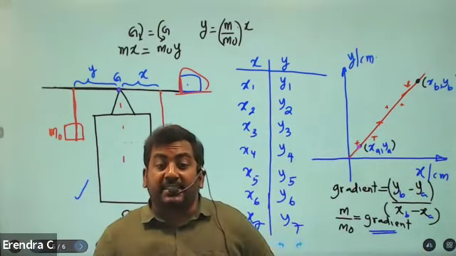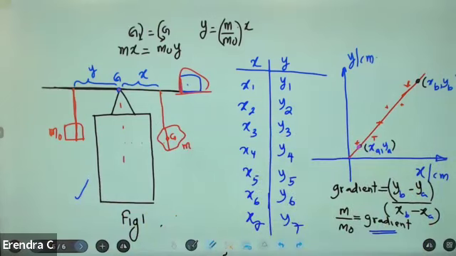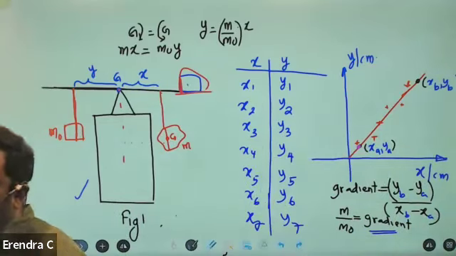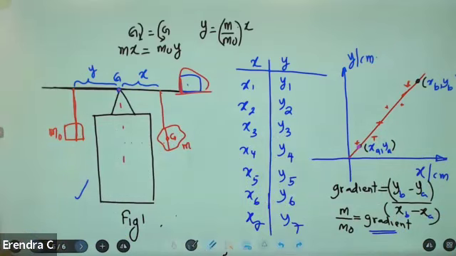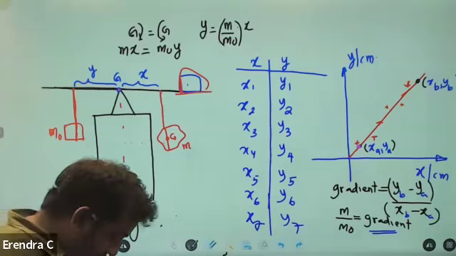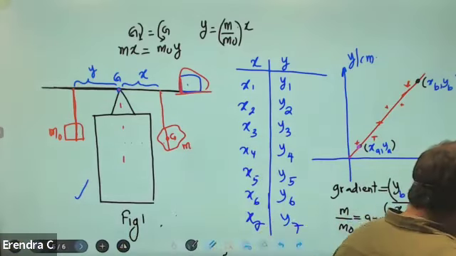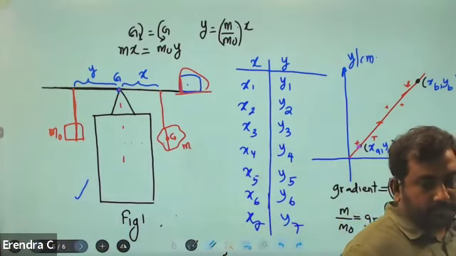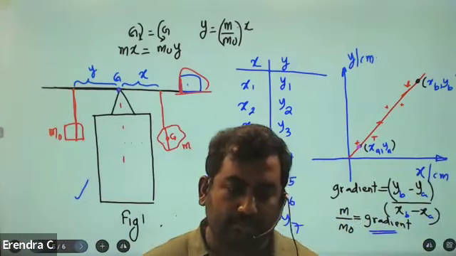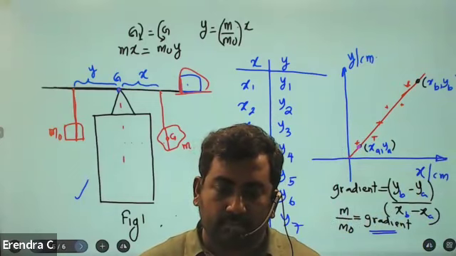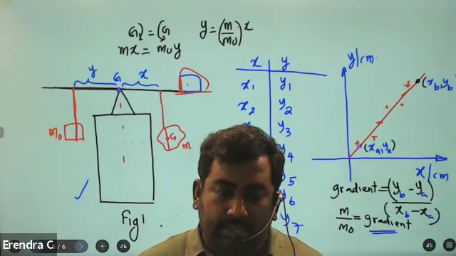We should never place the object on the ruler because we do not know the location of the center of gravity of the object. If we place it on the ruler, we cannot know.